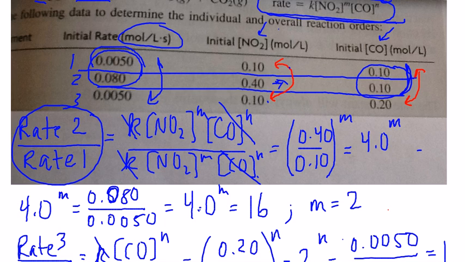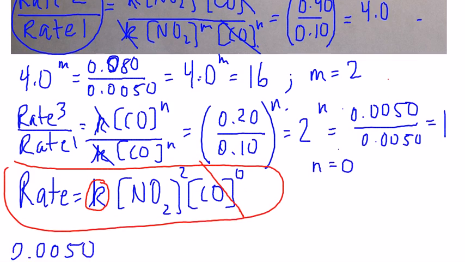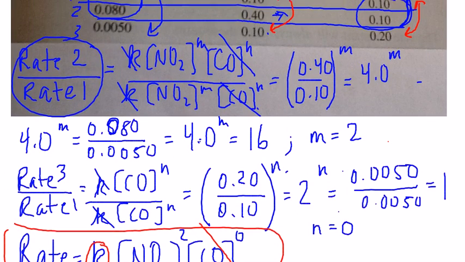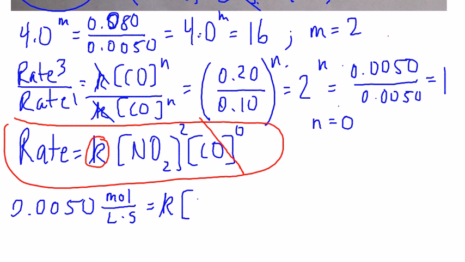So it's moles per liter per second. And that's equal to our unknown k times, back in this scenario here, NO had a concentration of 0.10, and now we know that it's raised to the second power.